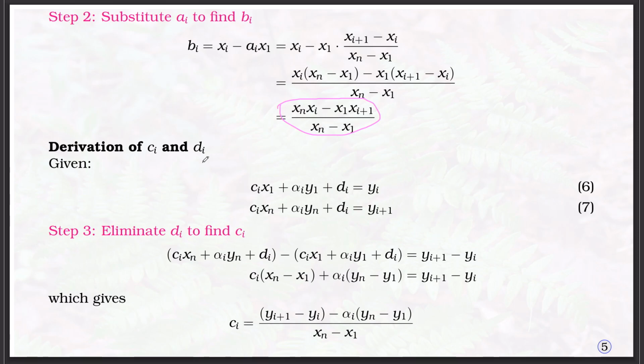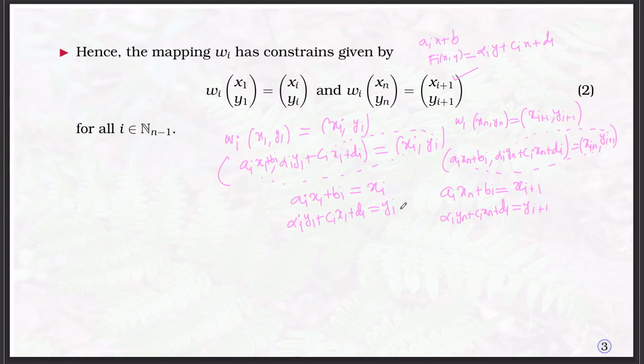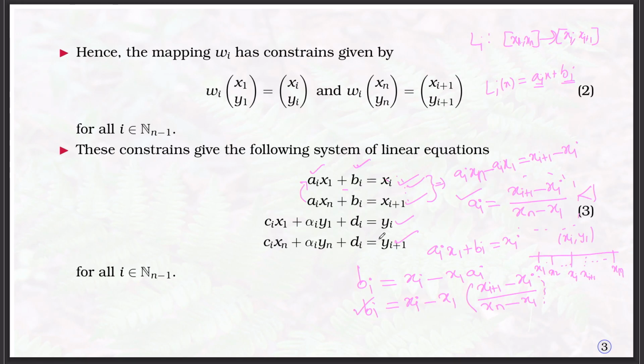Now you can see how to find Ci and Di from these two equations, because initially we have the 4 equations. By using two equations we obtained the A value and B value. Now we need to obtain the C and D values from these two equations, but one can observe that x1 and xn will be given to us, y1 and yn will be given to us.